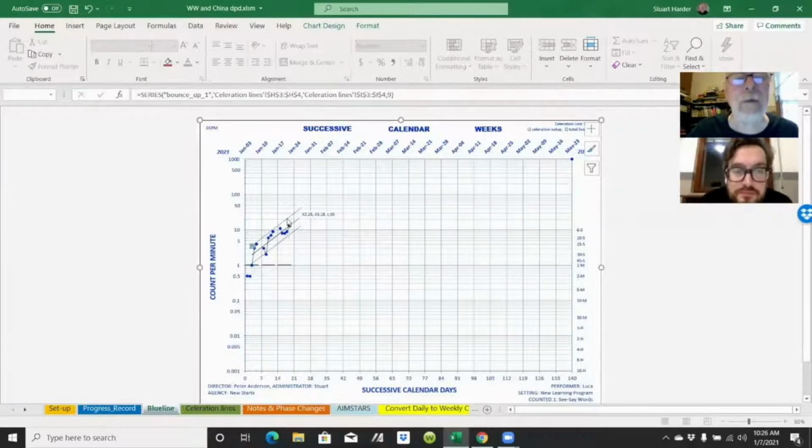And we have an upper dashed line, a parallel line, above the acceleration line. This upper line represents the upper limit of a 95% confidence interval. The lower one represents the lower limit of a 95% confidence interval.